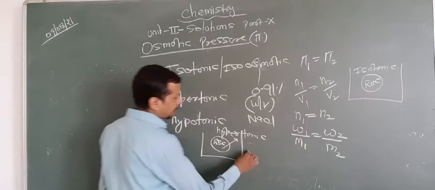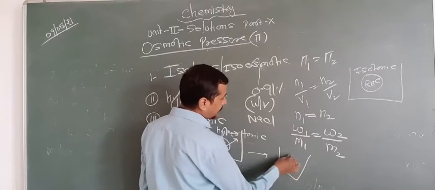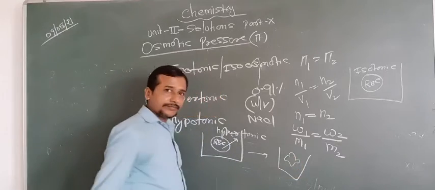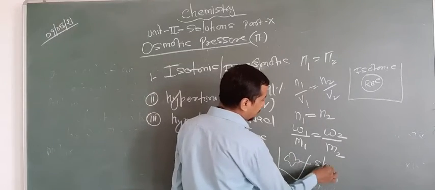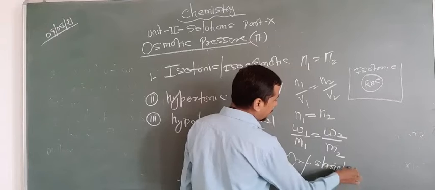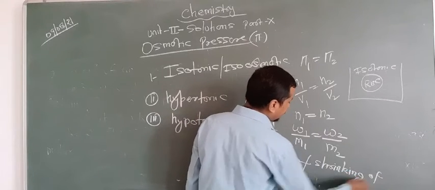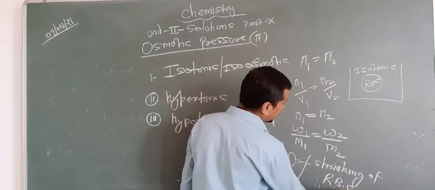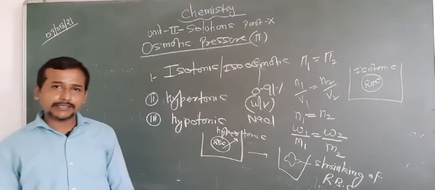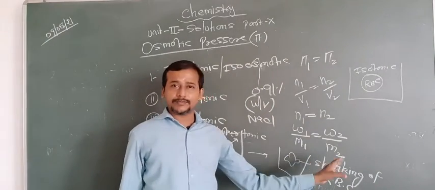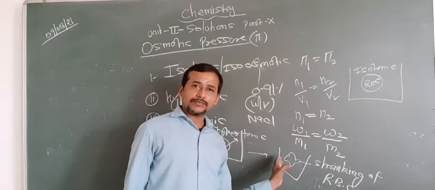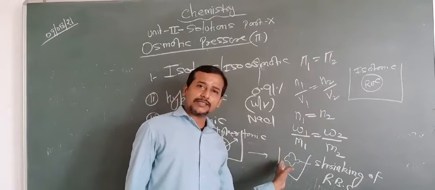After some time, the RBC shrinks. So shrinking of RBC takes place. That indicates that exosmosis takes place. Exosmosis means the flow of solvent molecules from inside to the outside.